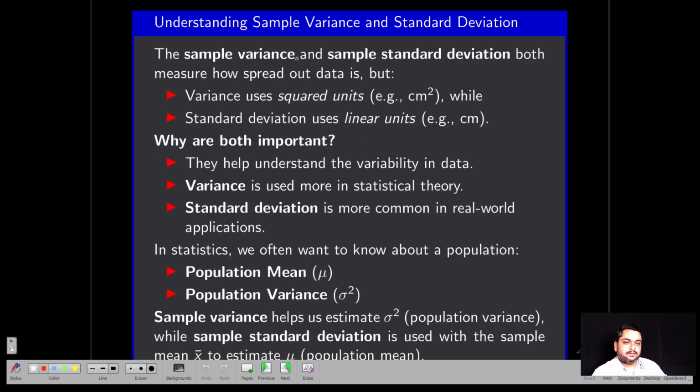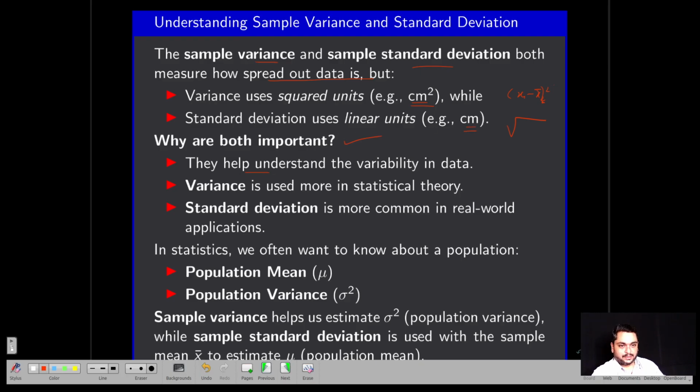Now let us understand in general and in practicality how they are applied. The sample variance and sample standard deviation both measure how spread out data is. Variance uses squared units, because you are squaring the differences. But standard deviation takes the square root, so if the unit for variance is centimeter square, it will be centimeter here.